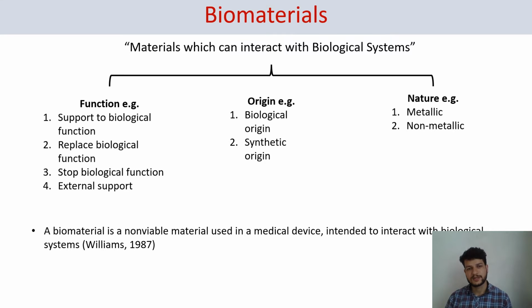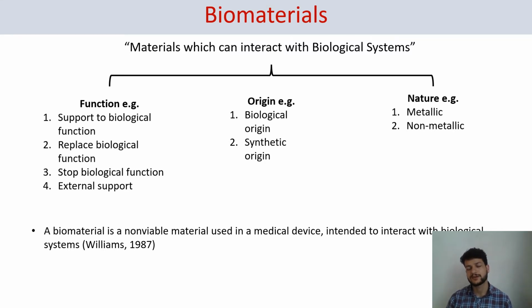And on the basis of origin, there are two groups: biomaterials that have biological origin, and biomaterials that have synthetic origin. Biological origin means derived from different biological substances like plants and animals, and synthetic origin are those materials which have been synthesized.